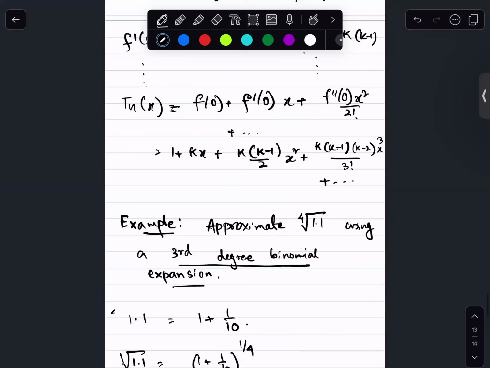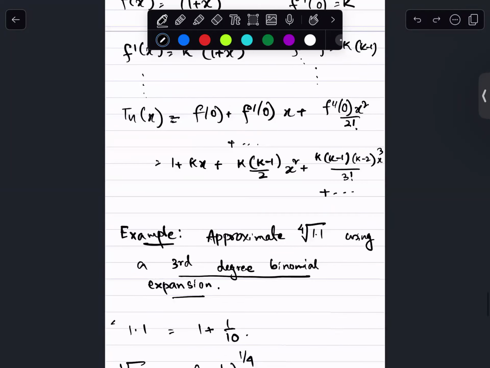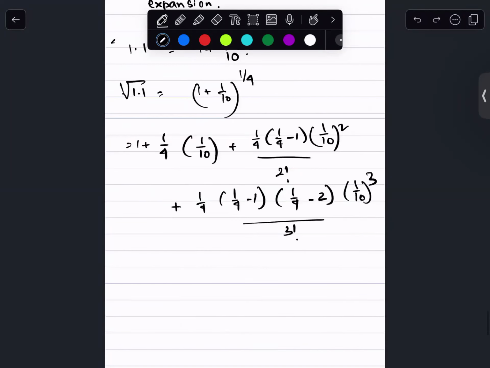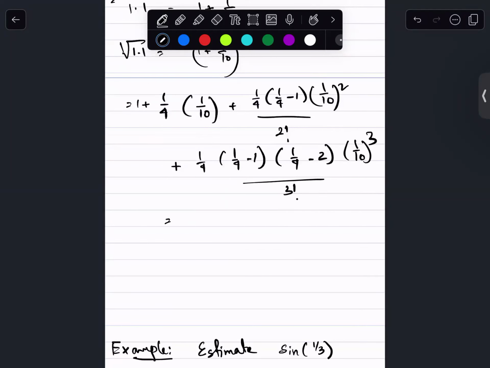Remember, in the problem, I need to go till third degree binomial expansion. So I should stop there, at x to the third. Here my x is 1/10, so 1/10 to the third will be my last term. I should stop right there. And then if I use a calculator, I'll get this to be 1.02411171 and so on.